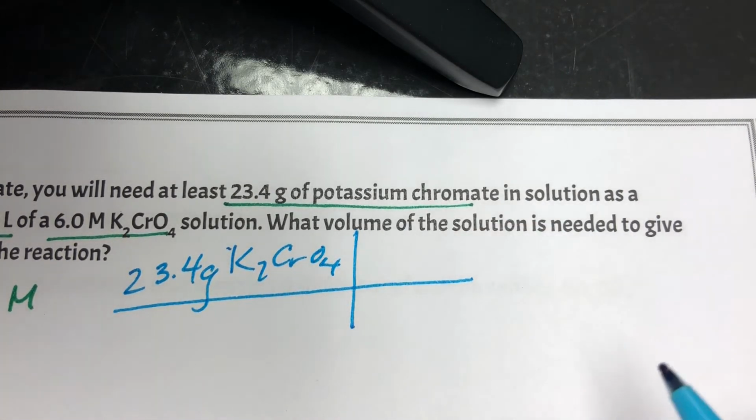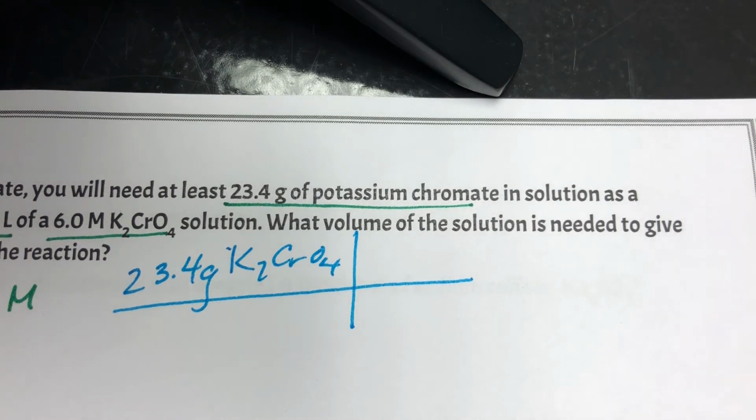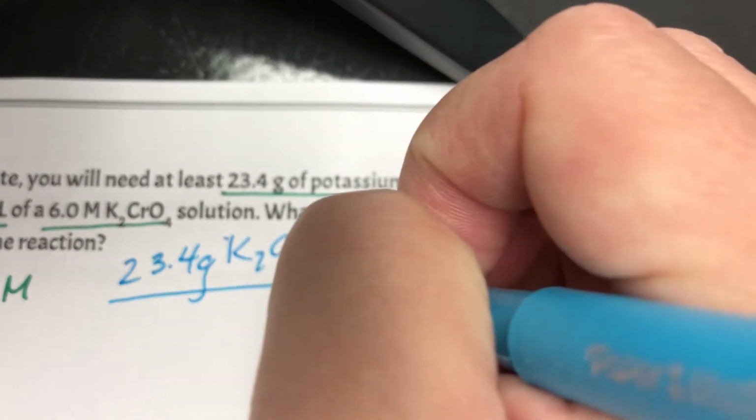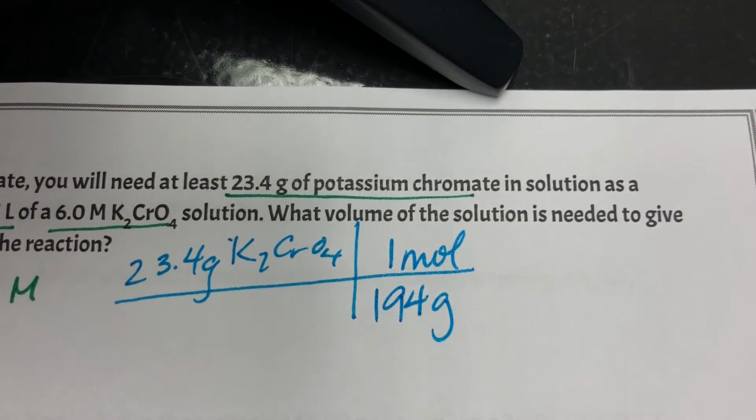If you use your periodic table, you would find that the molar mass of potassium chromate, so we have 2 times potassium, which is 39, plus chromium, which is 52, and then 4 oxygens, 4 times 16, so I get 194 grams in 1 mole.